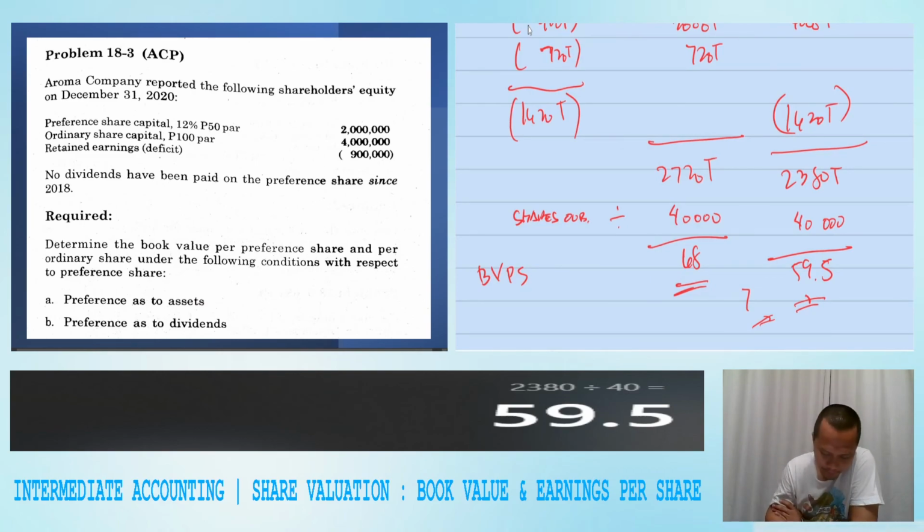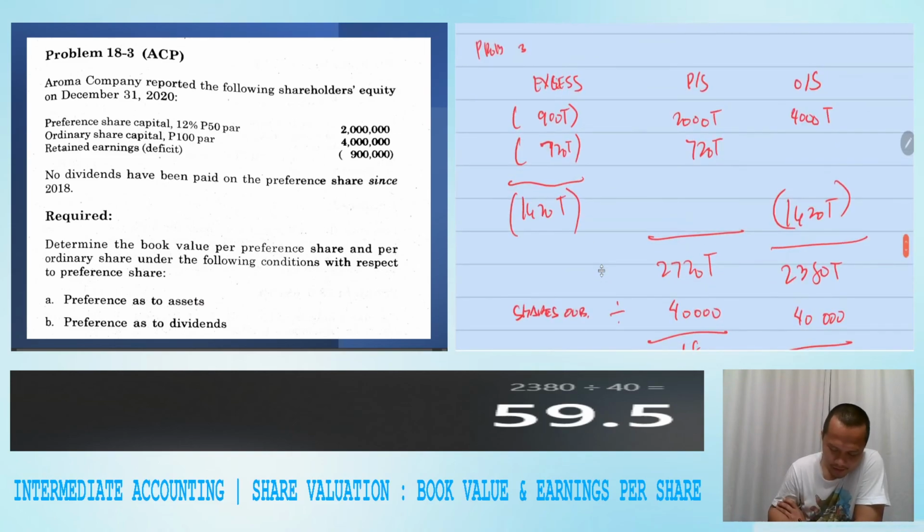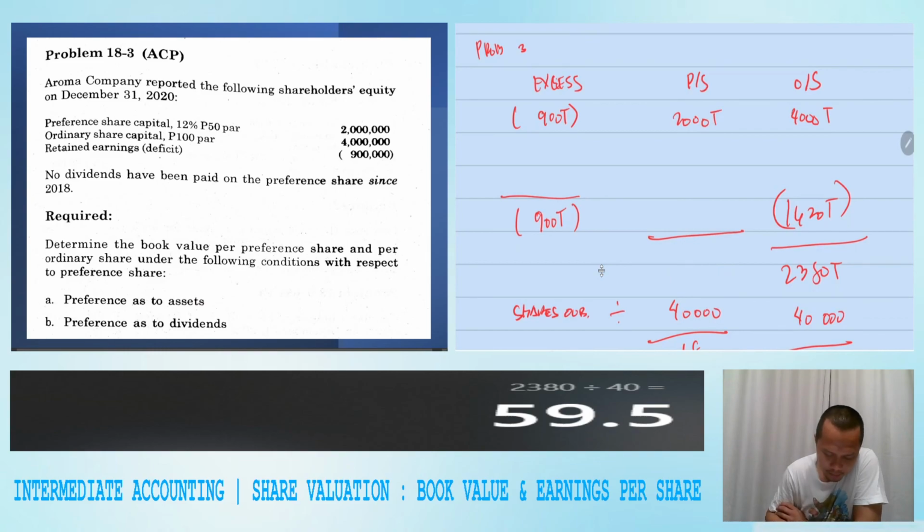Ngayon, preference as to dividends. As stated kanina, negative. So, hindi tayo makadeclare ng dividend. Okay? But, yung net loss natin dito, because hindi nga rin participating, would only be borne by the ordinary share.